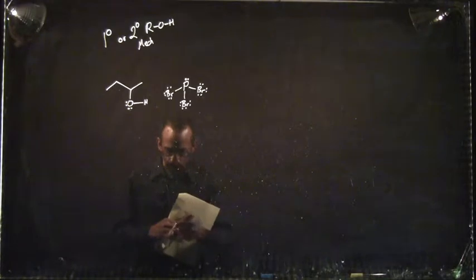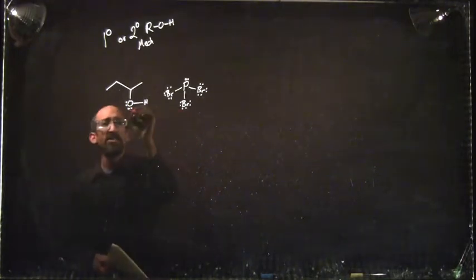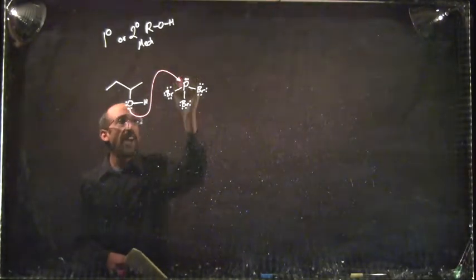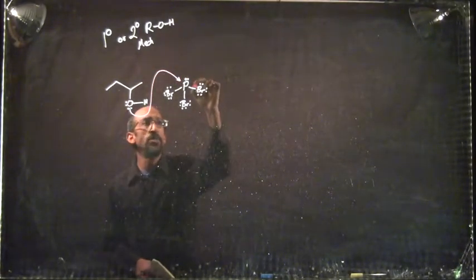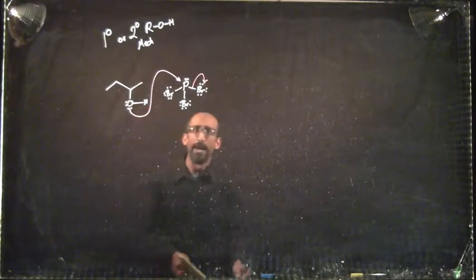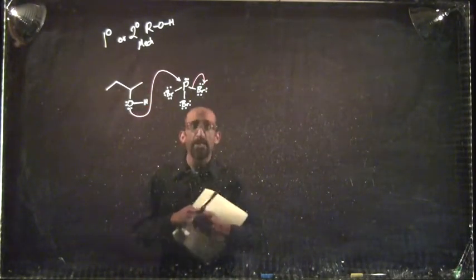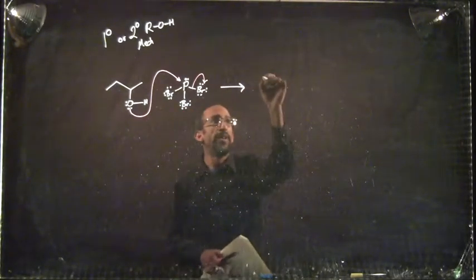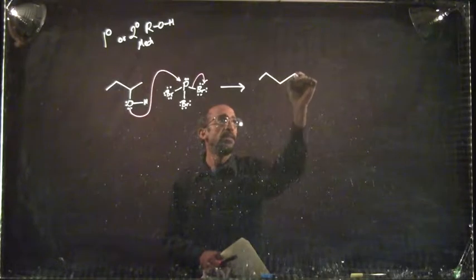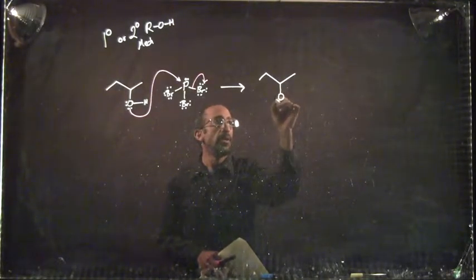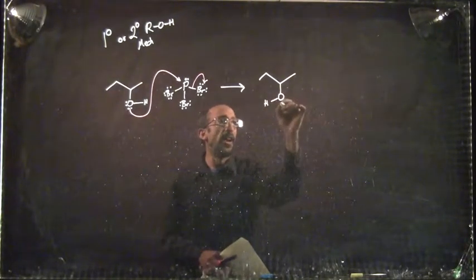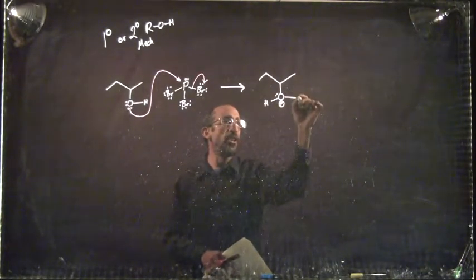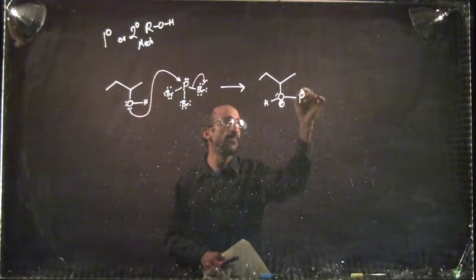So in our first step, oxygen is going to act as a nucleophile, attack into the phosphorus in an SN2 to displace a bromide. This is going to give us our first intermediate, where now we have an oxonium, with our oxygen also bonded to phosphorus.